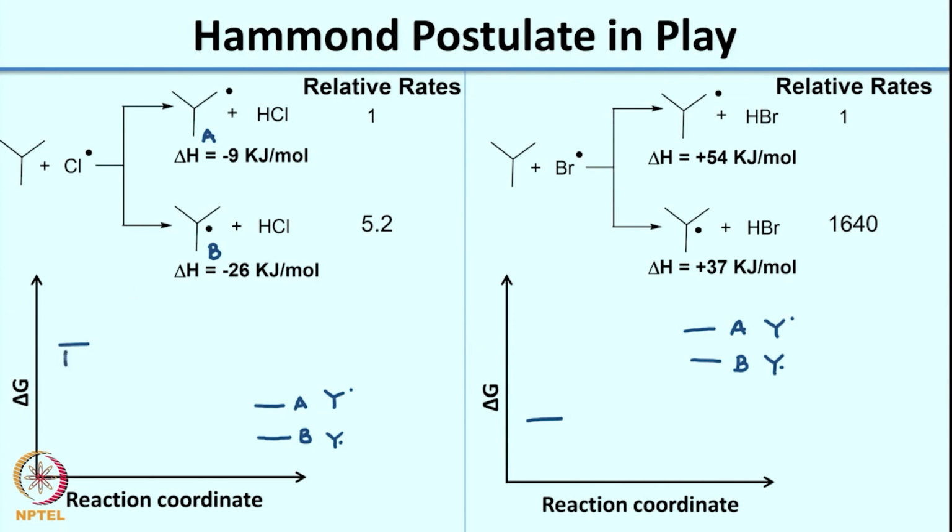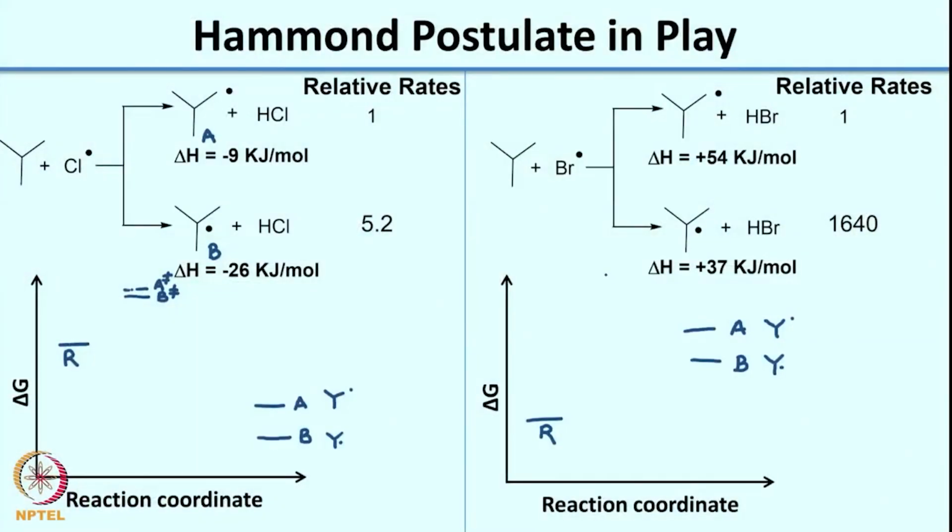In this case the reactant is the same irrespective of whether you form A or B. So since the transition state is early and resembles the reactant, the energy difference between the transition state for A and B would be very small, because essentially we are talking about a structure of the transition state which is very close to the reactant.